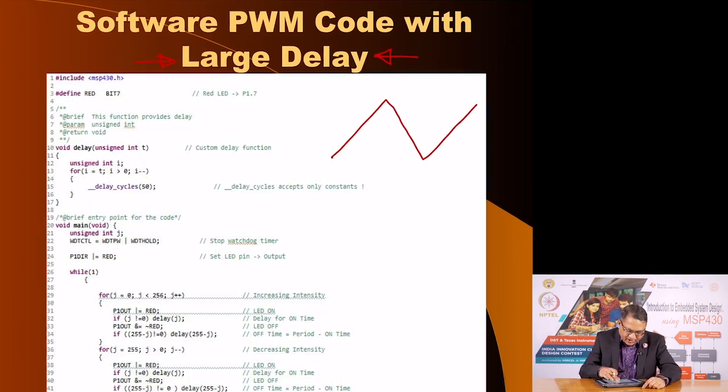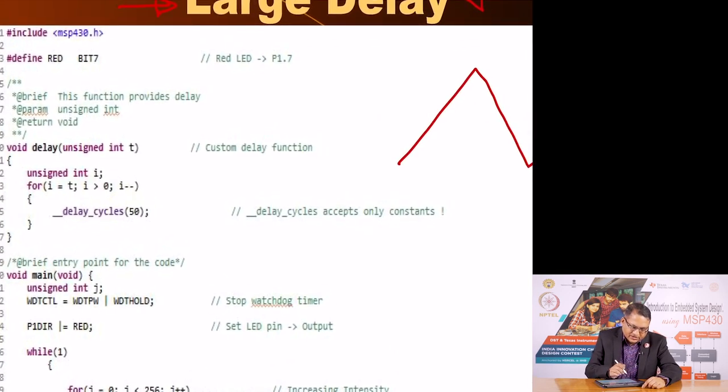So, let us see. The first part of the code is that we have included the mandatory MSP430 header file. We have defined our LED to be on bit P1.7. Then we have created this delay function, which goes through a certain amount of loop calling this subroutine where the variable is 50.